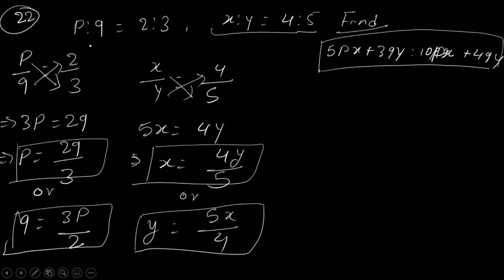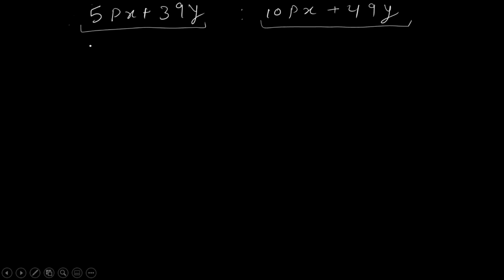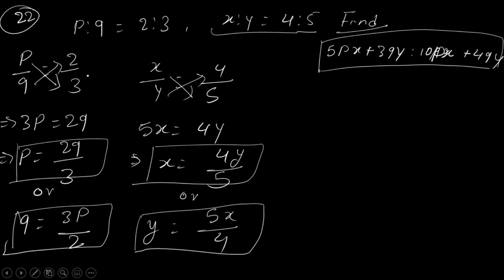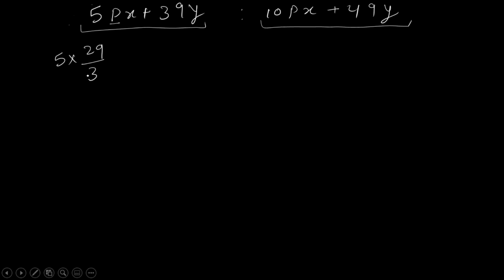So p equal to 2q divided by 3. So 5 multiplied by p, that is 2q divided by 3, and x equal to 4y divided by 5, plus 3qy.